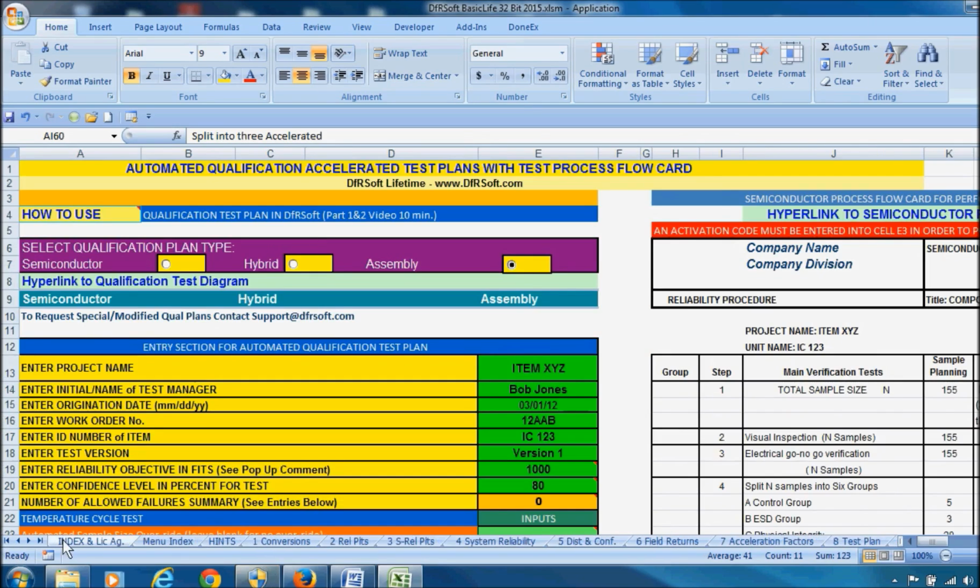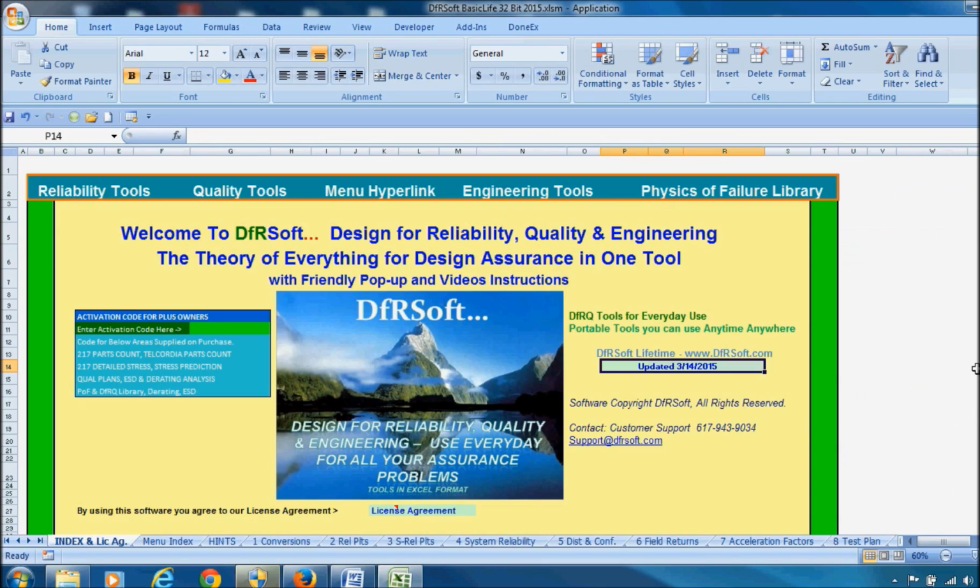A lot of intelligence there to help you get doing your design assurance and your qualification test plans. And we wanted to show you how easy it is to do qualification test planning in any operation in DfRSoft. A lot of people are using this software to help them do design assurance.